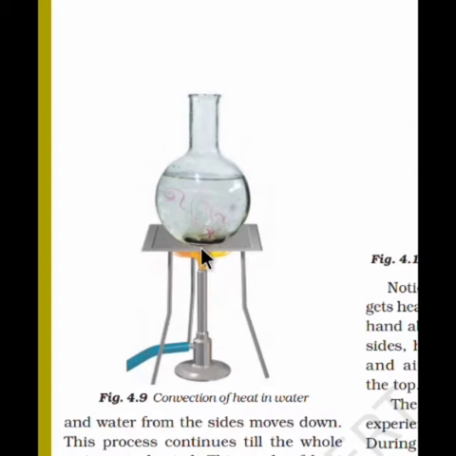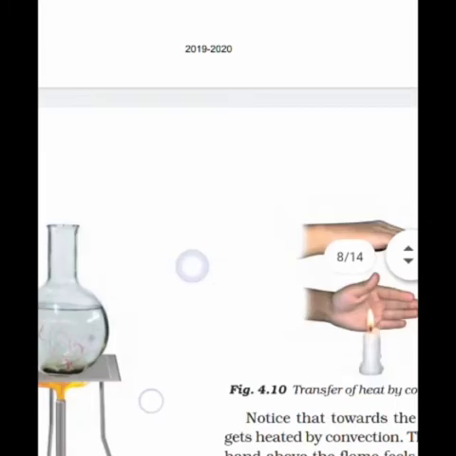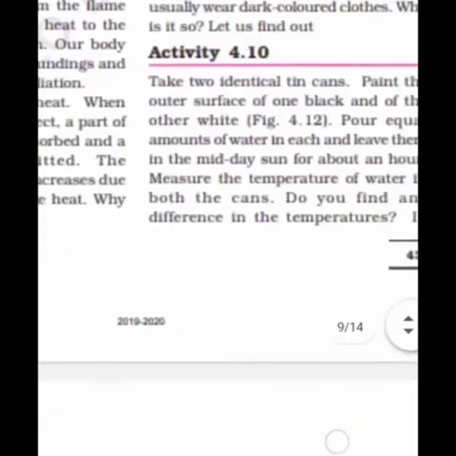Then burn the candle exactly under the crystal of potassium permanganate.